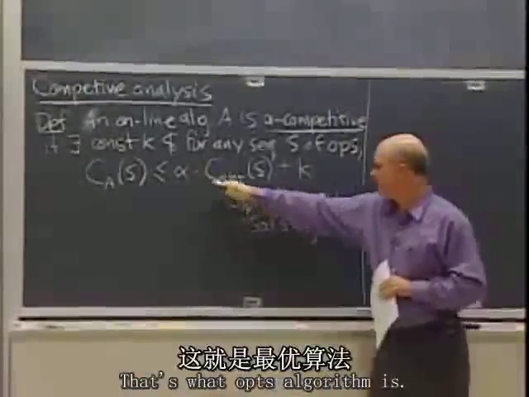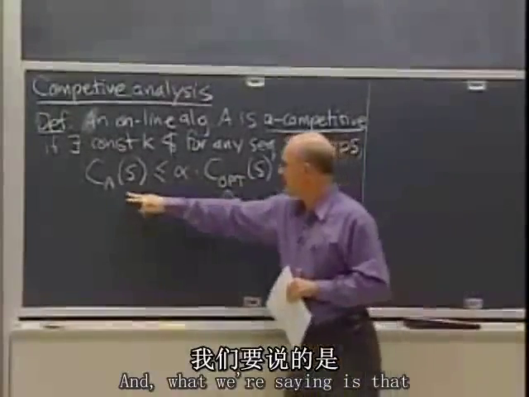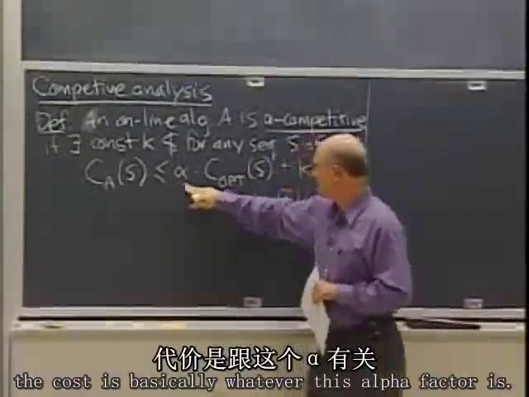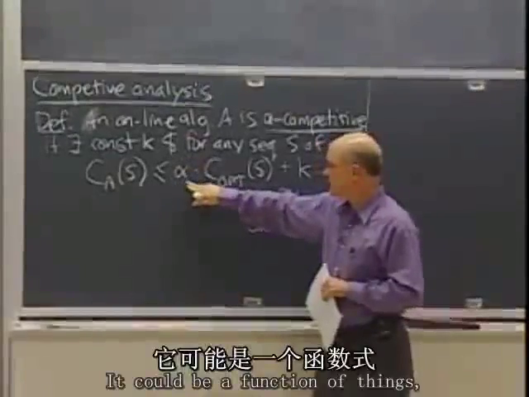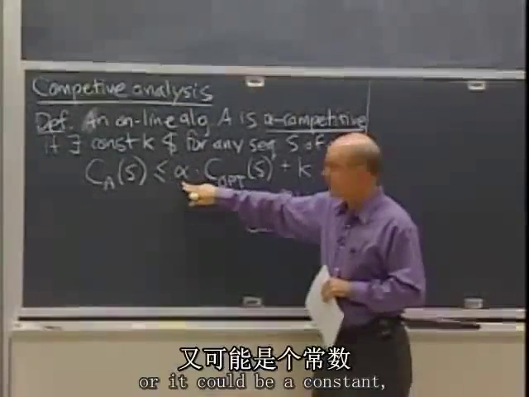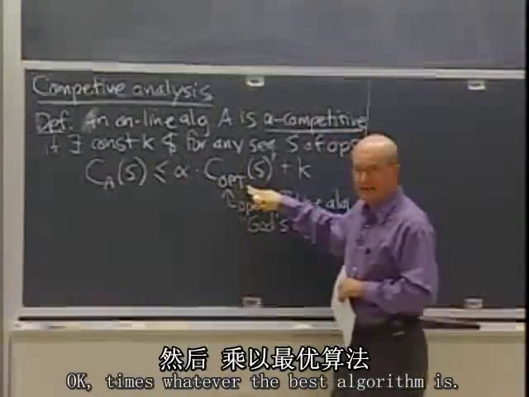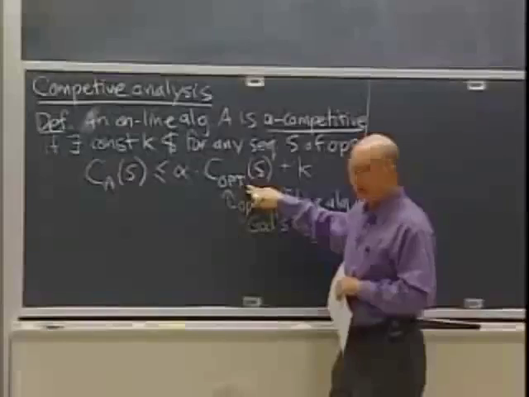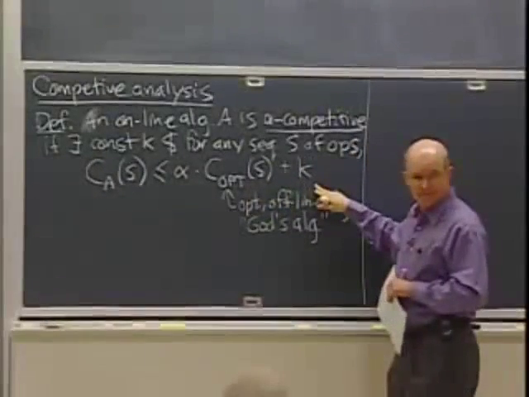That's what OPT's algorithm is. And what we're saying is that the cost is basically whatever this alpha factor is. It could be a function of things, or it could be a constant, okay, times whatever the best algorithm is. Okay? Plus there's a potential for a constant out here. Okay?